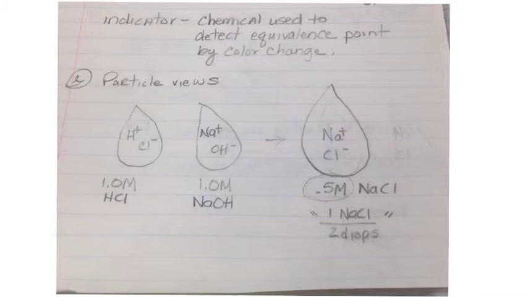So because of that doubling in volume, the concentration of the sodium chloride is half the molarity. It's kind of like if this room were to expand to twice its size. If you have twice as much room in here, then the concentration of students would go down to half what it was.